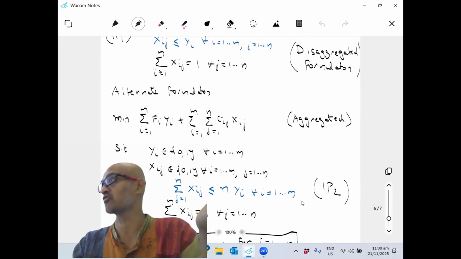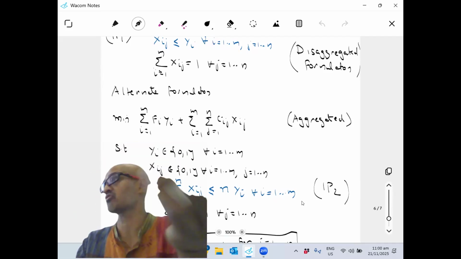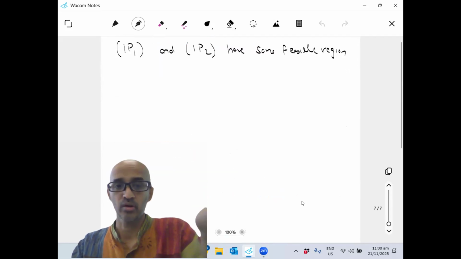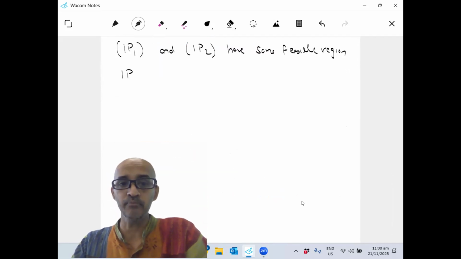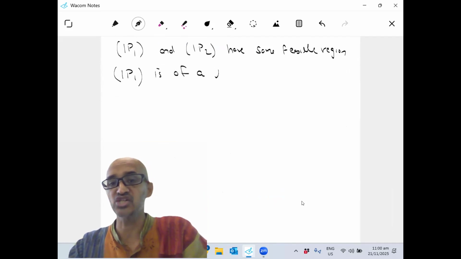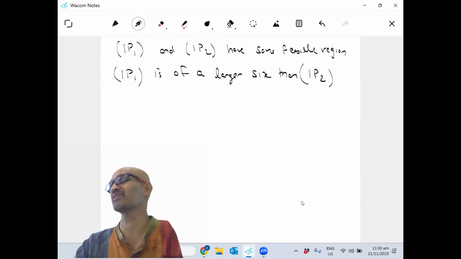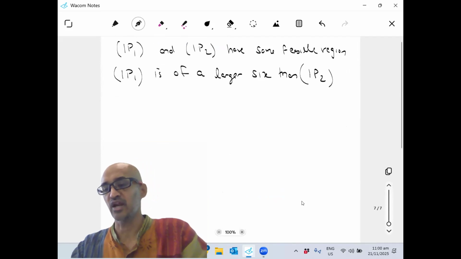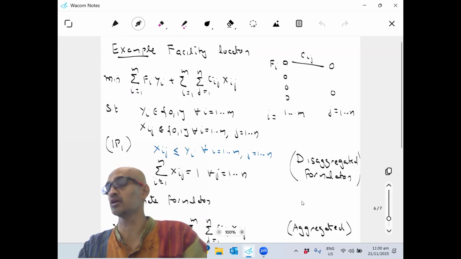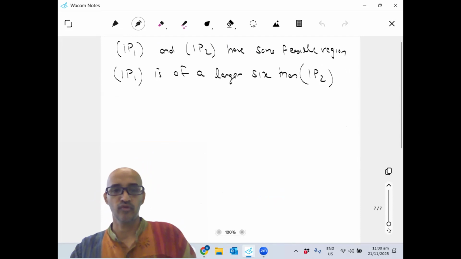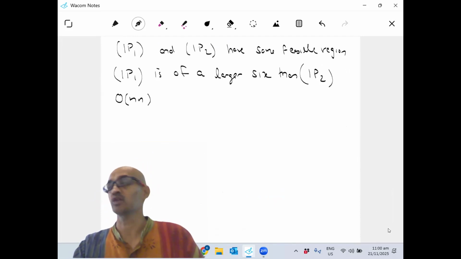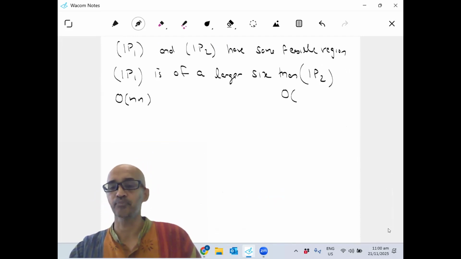M times n constraints. Here I've only got m constraints, right? IP1 is of a larger size than IP2. Okay, and you can precisely capture it, but basically there are order m times n constraints here, and there are order m constraints here.